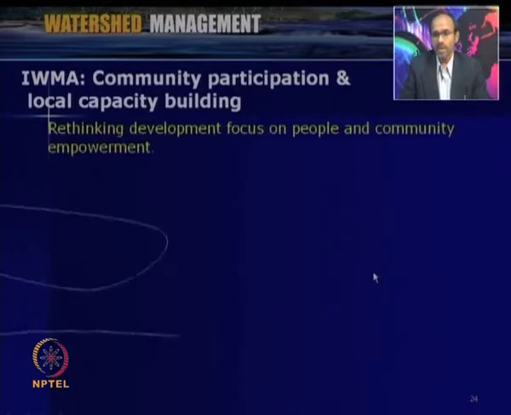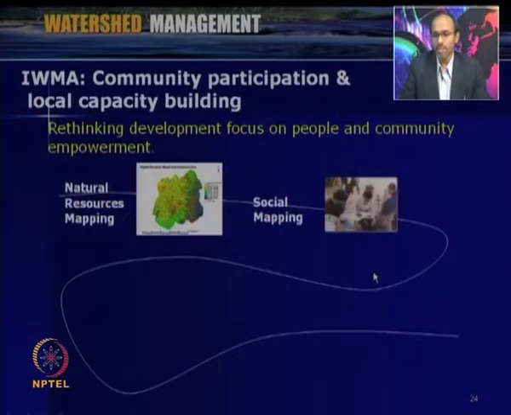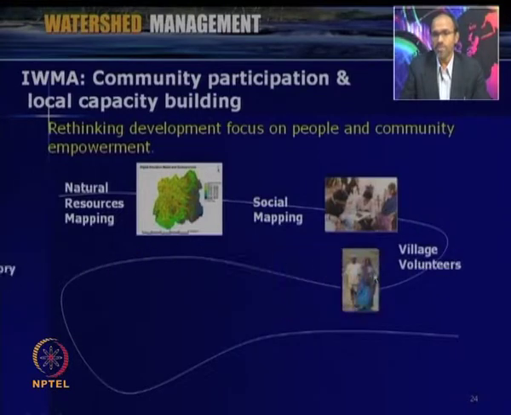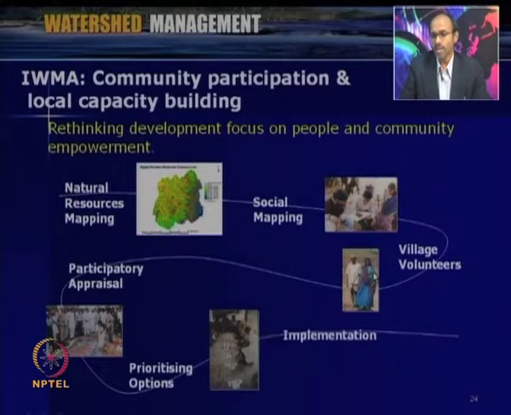As far as the integrated watershed management approach is concerned, when we are looking for a watershed management plan, as we discussed earlier, we can start with natural resource mapping for the area, then social mapping, then users groups and village volunteers, then participatory appraisal, and then we prioritize the options and go for implementation.